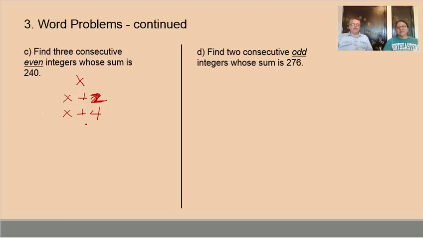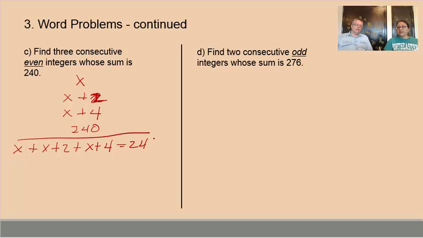So then the sum is 240. So altogether that would be x plus x plus 2 plus x plus 4 equals 240. All right, so we add all of our x's. We have 3x plus 6 equals 240. We subtract 6 from both sides.